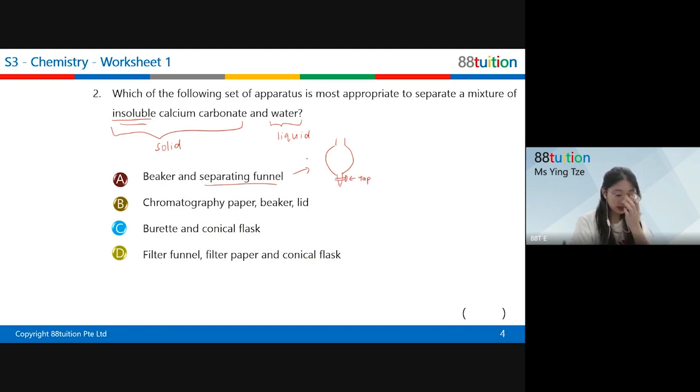This separating funnel is used to separate two immiscible liquids. Immiscible liquids refer to liquids that do not dissolve in each other.